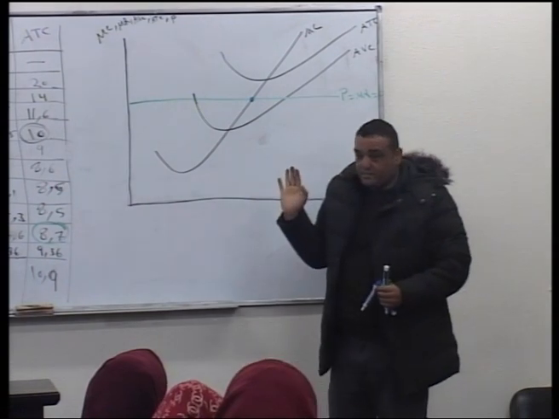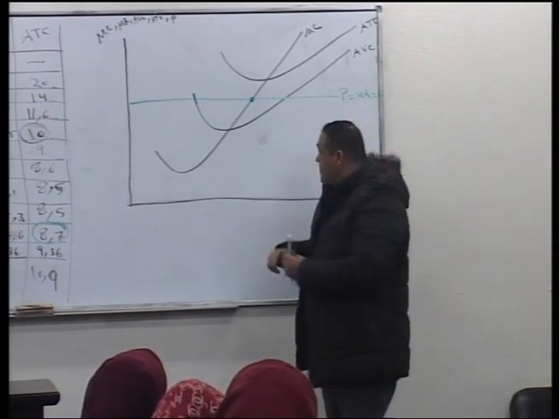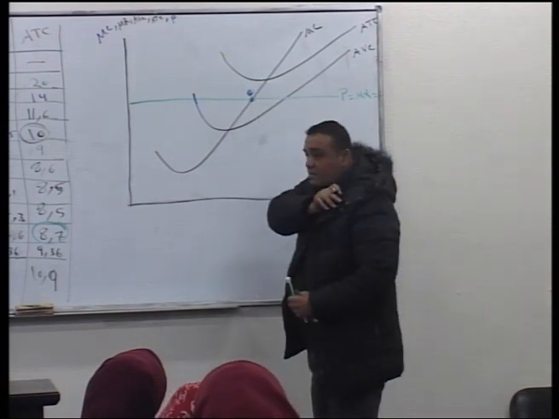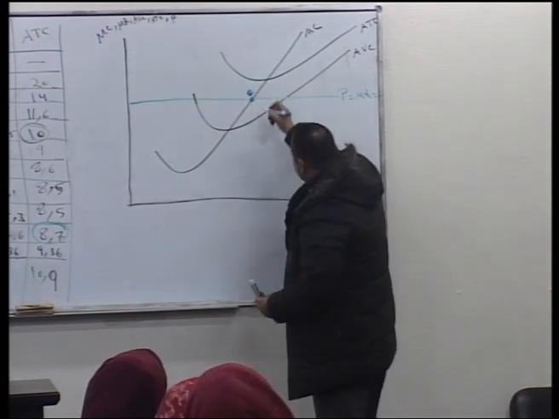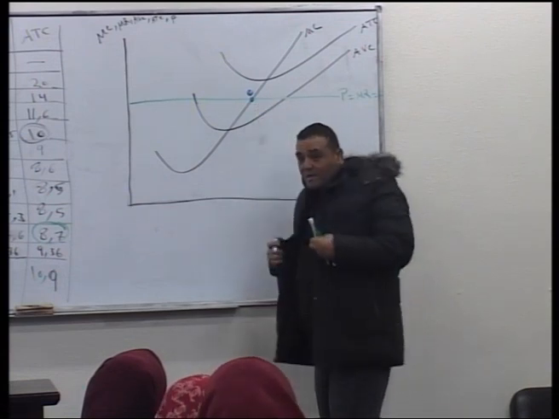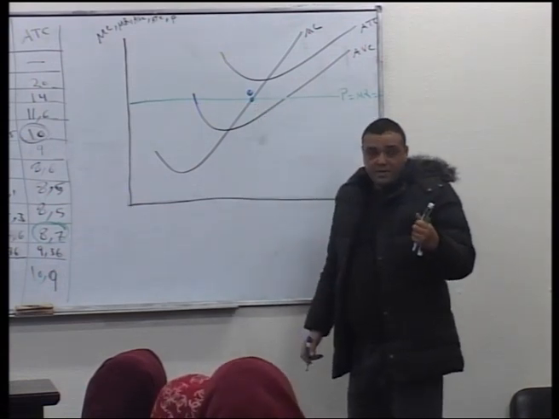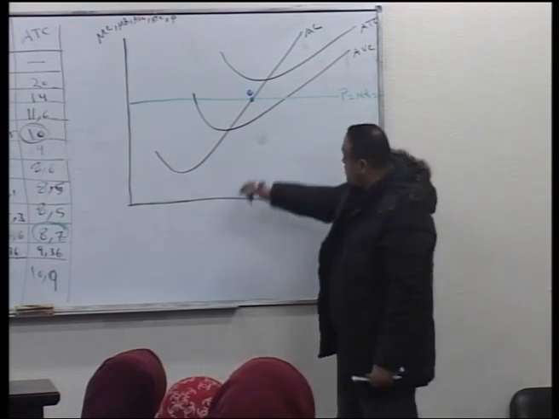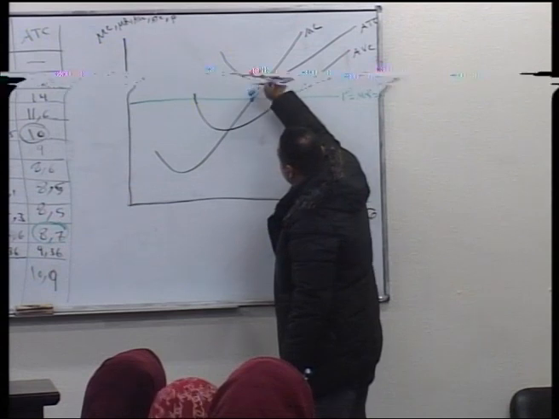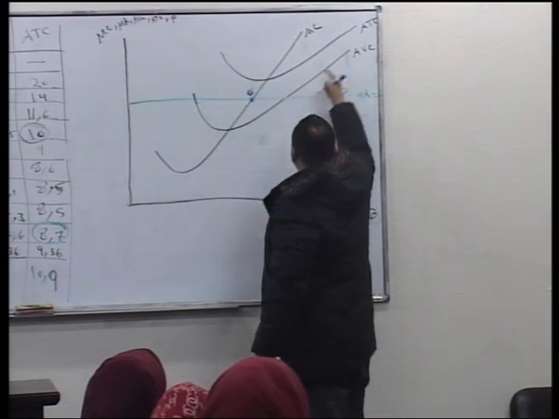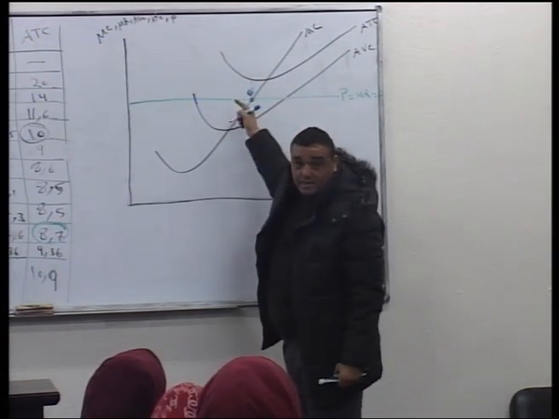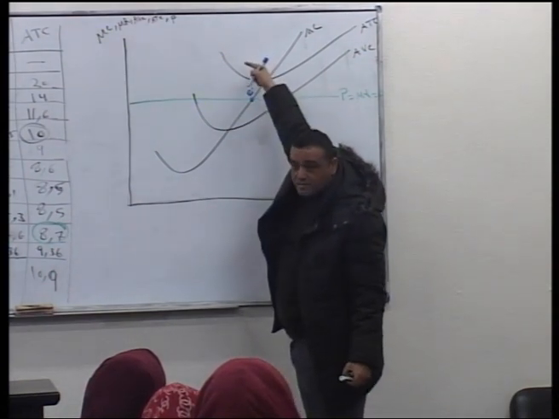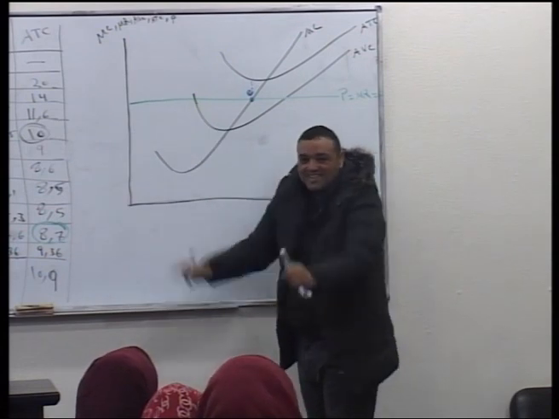That's the condition. So here is the equilibrium point. To determine if we have profits, loss or break even, we should go to ATC. This is the ATC. If it is below, we go down to it; if it is above, we go up to it.